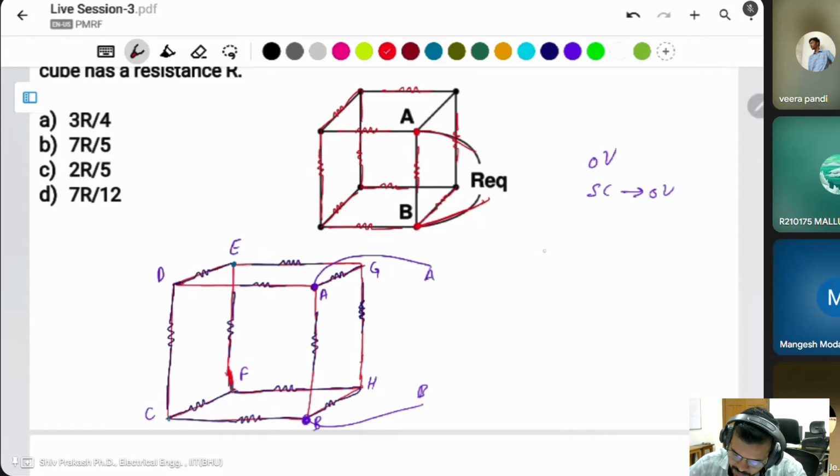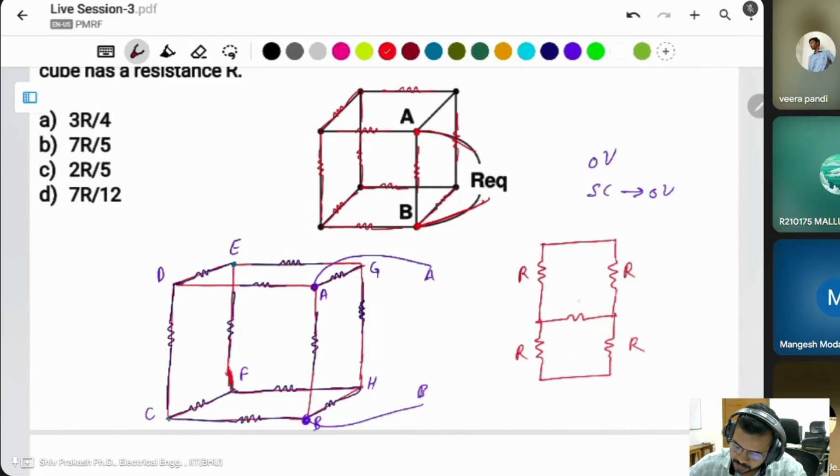Bridge actually looks like that. If there is a possibility like that, then you can say these two are same, these two are same, there will be no current flow.